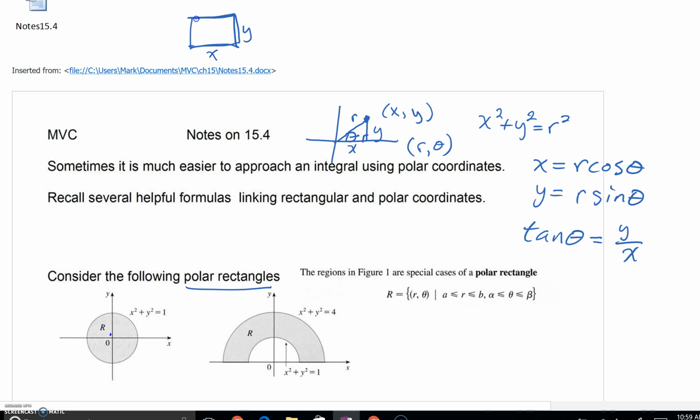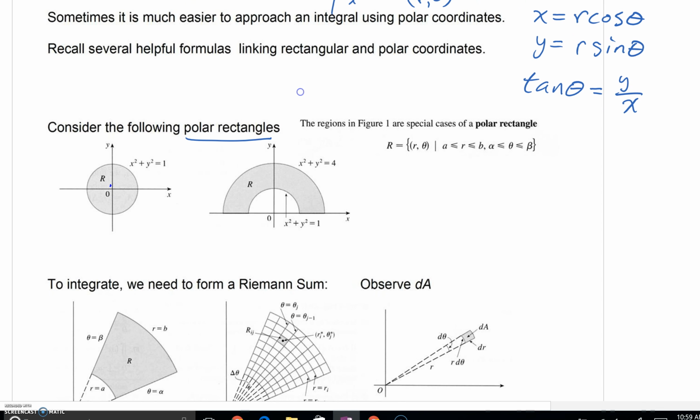A rectangle that we could form, even if it was the base of a rectangular prism, was always x by y. Most of the time x was between two numbers a and b, and y was between two numbers c and d. And then we could have a rectangular subregion and so forth.